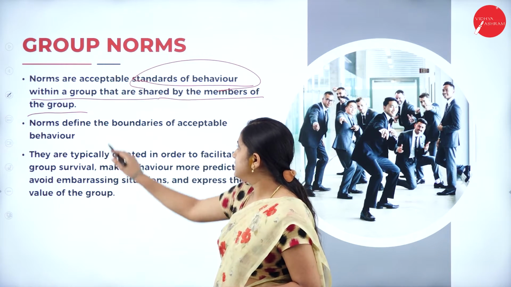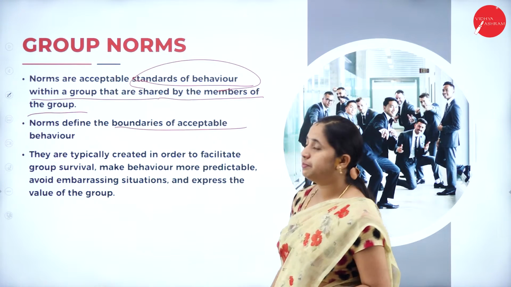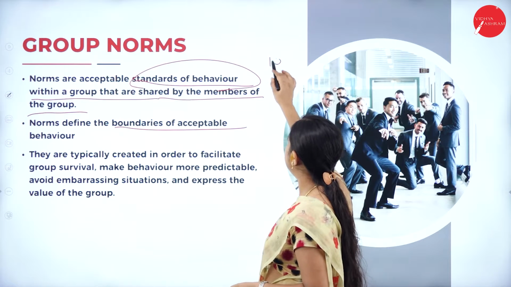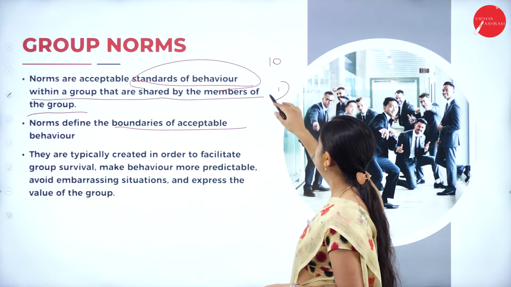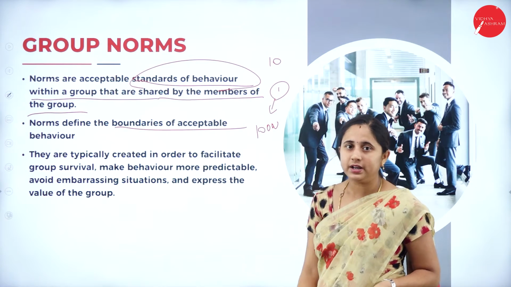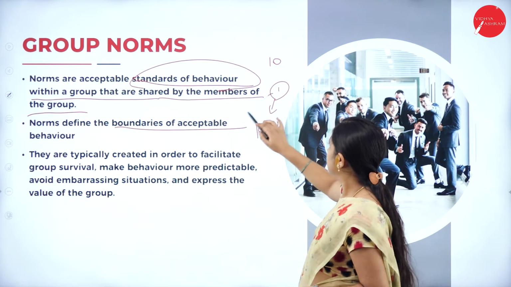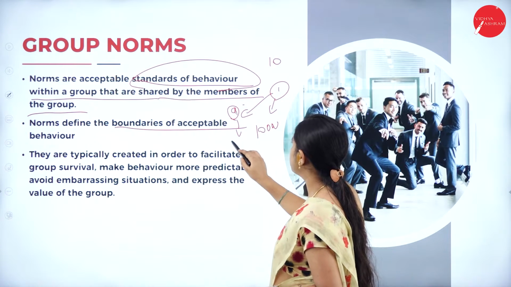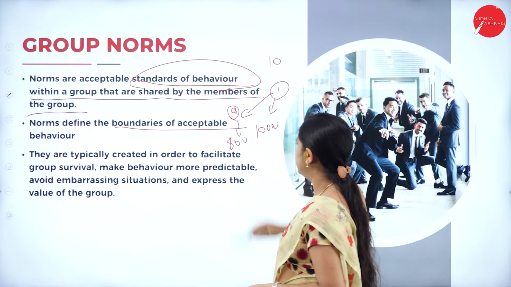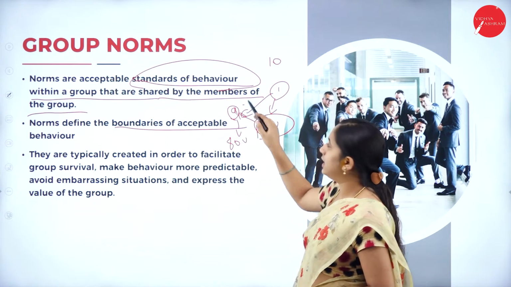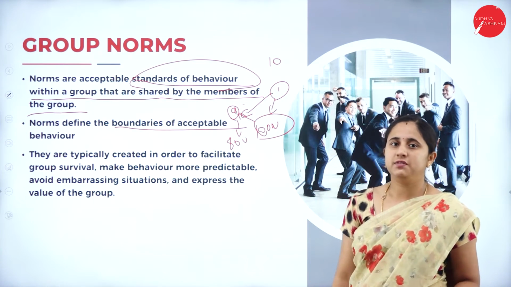So norms define the boundaries of acceptable behavior. For example, the group consists of 10 individuals. One individual produces 100 units per day, but the other 9 individuals can produce only 80 units. You cannot expect 100 units from all 10 members. It depends on individual ability.